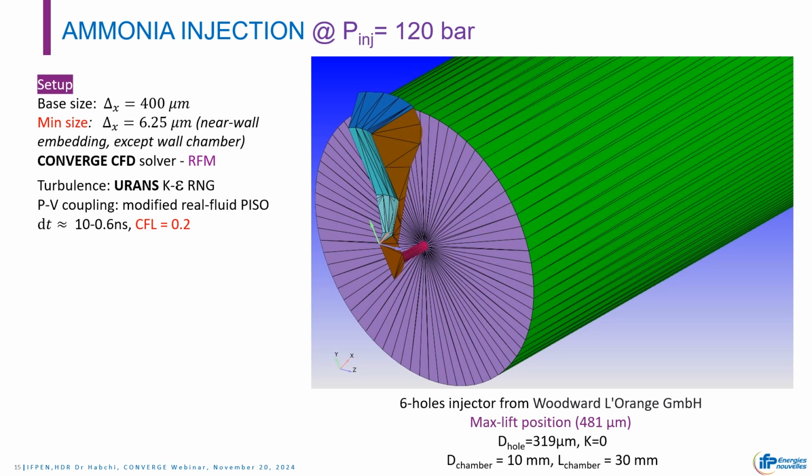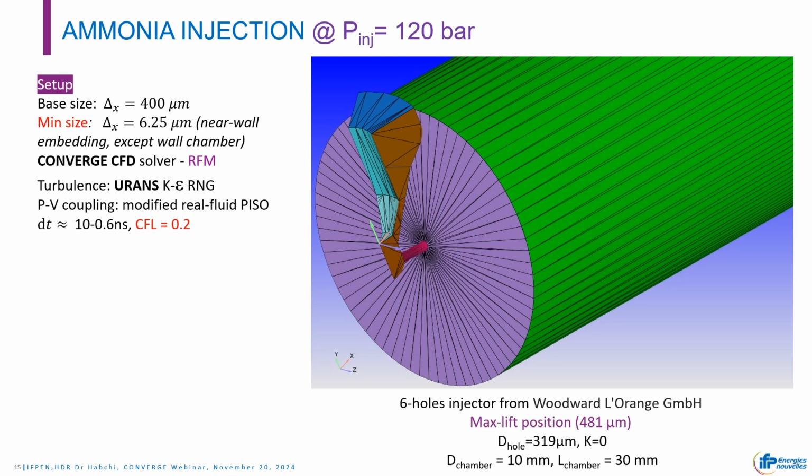In fact, we can see the hole in red going to a cylinder that has 10 millimeter diameter and 30 millimeter length.